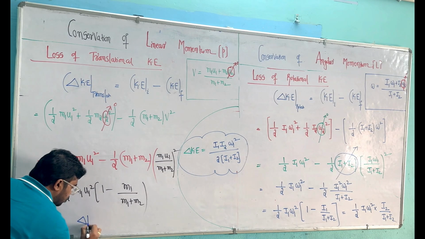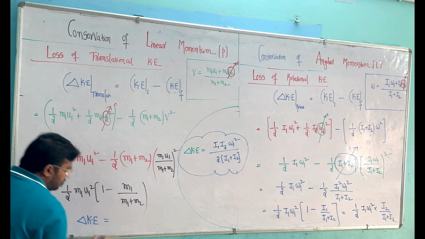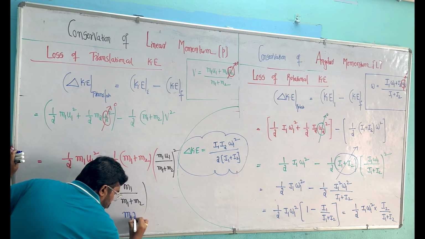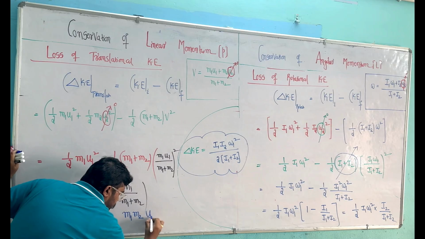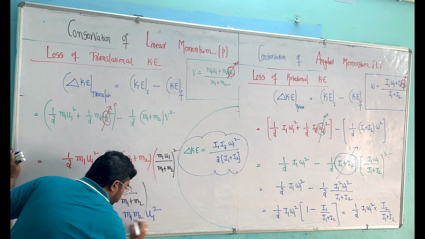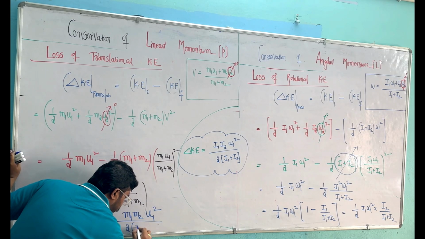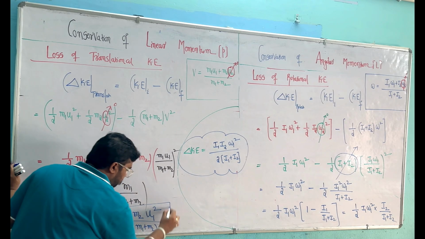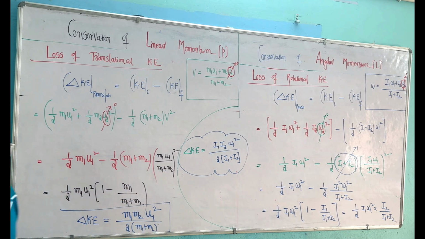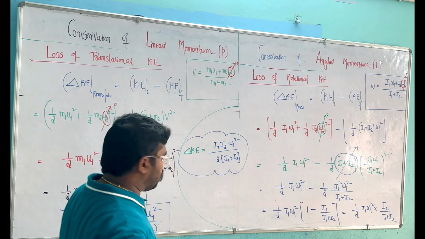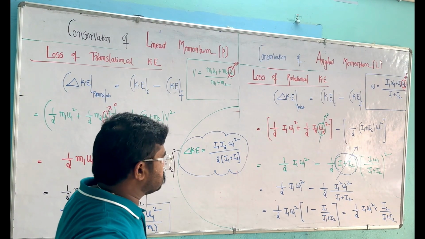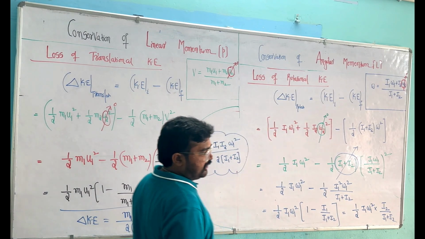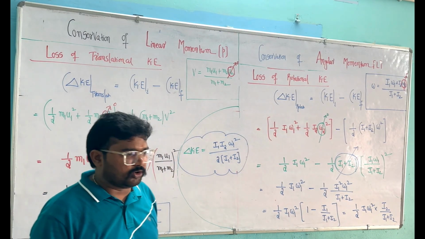Change in kinetic energy equal to how much? m1 m2 by m1 plus m2 into u1 square, versus I1 I2 omega 1 square by 2 into I1 plus I2.